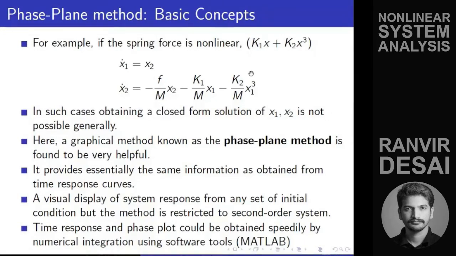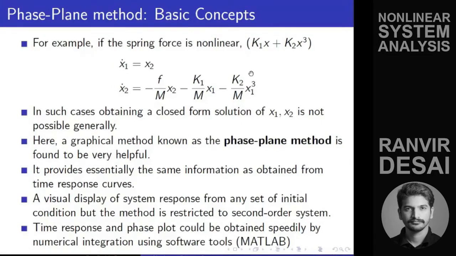Phase plane is a kind of plot only. So instead of a time plot, we do a phase plot. It gives a visual display of system response from any set of initial conditions, but the method is restricted to second order systems, it can be done only for a second order system.